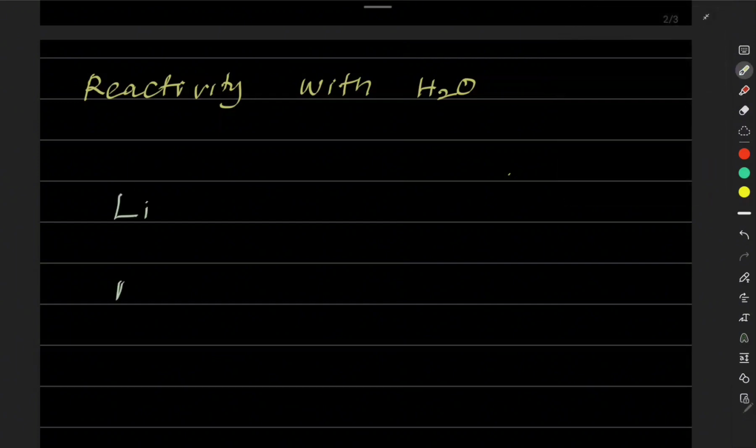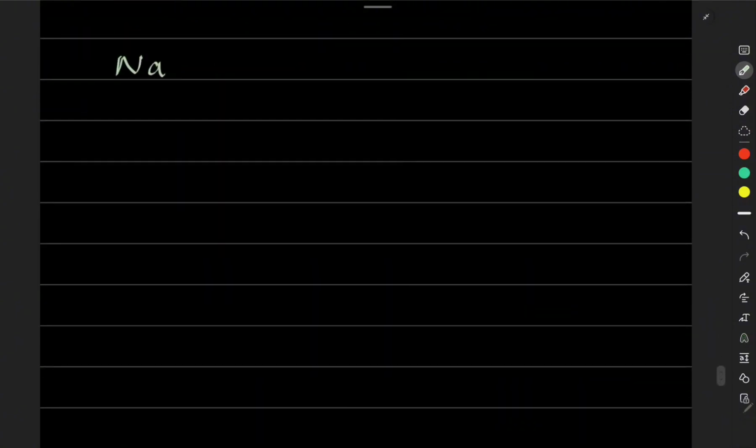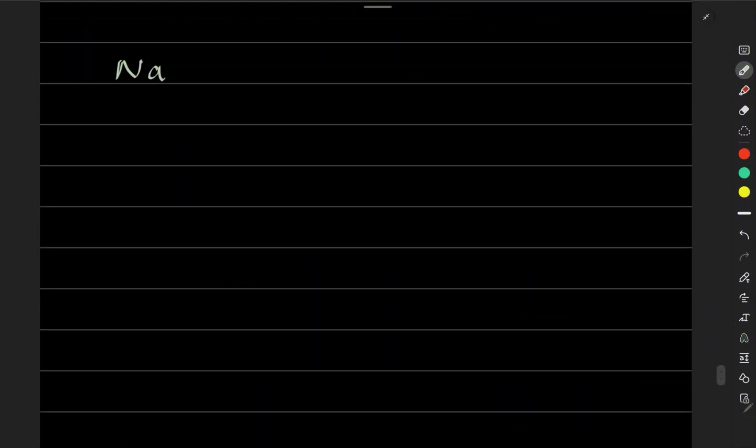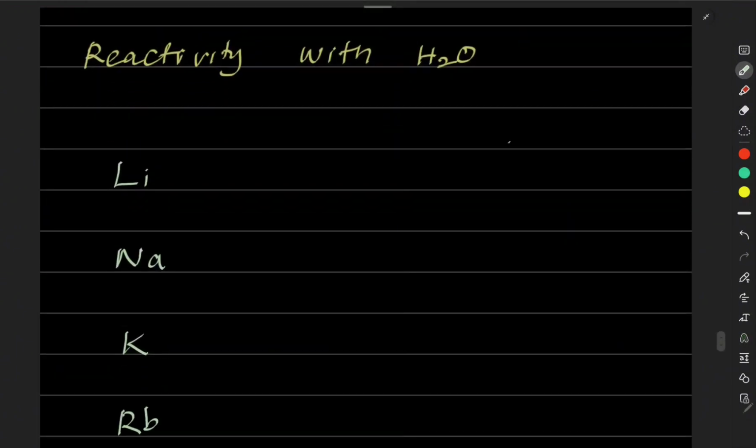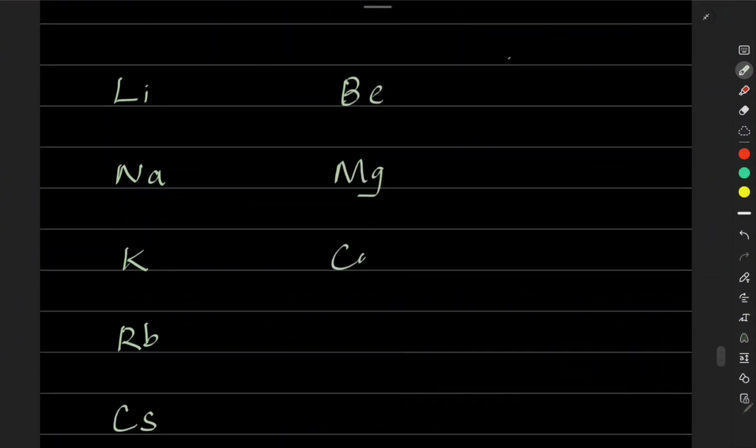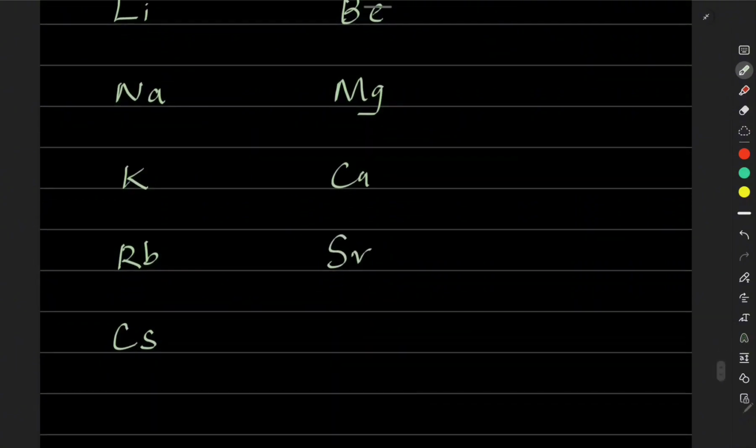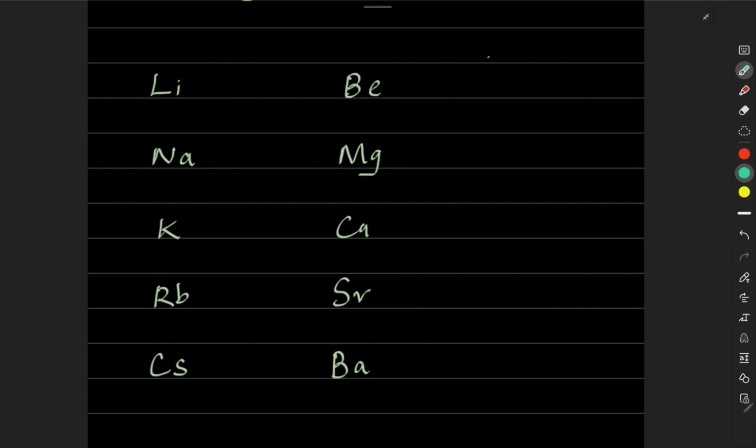Lithium, sodium, potassium, rubidium, and cesium are group 1 elements. These are group 2 elements: beryllium, magnesium, calcium, strontium, and barium. We can divide this like this. Right, I'll do it again.